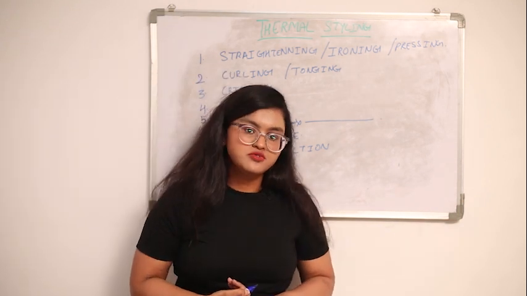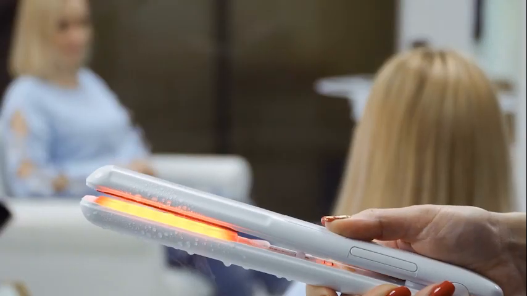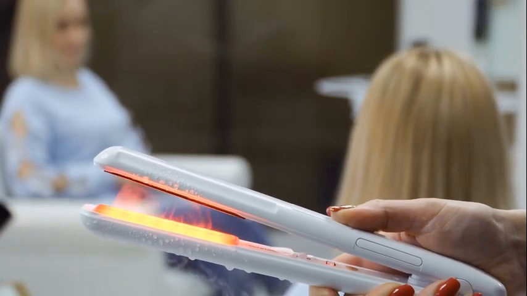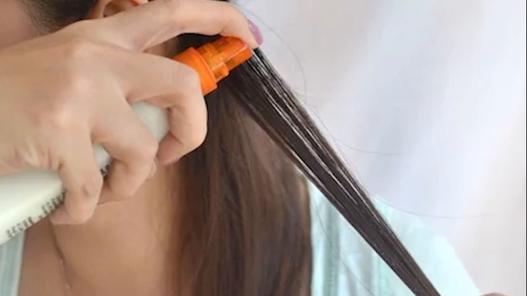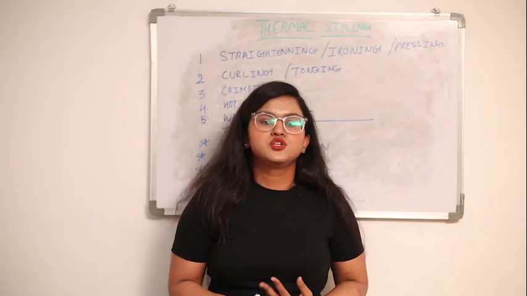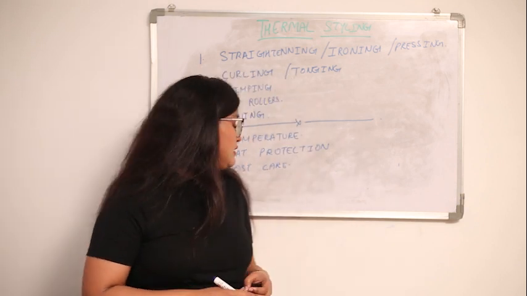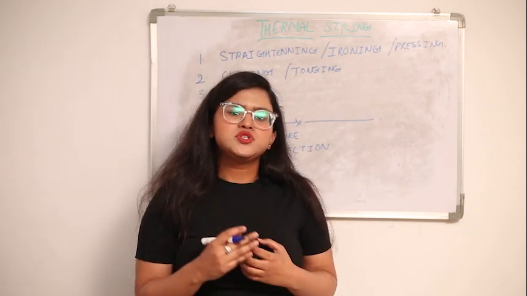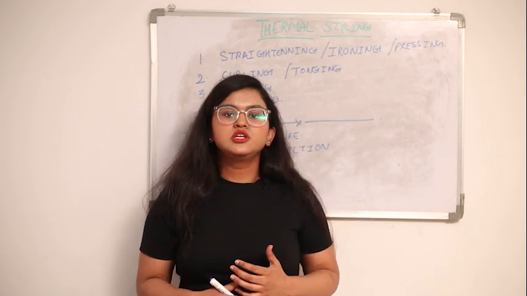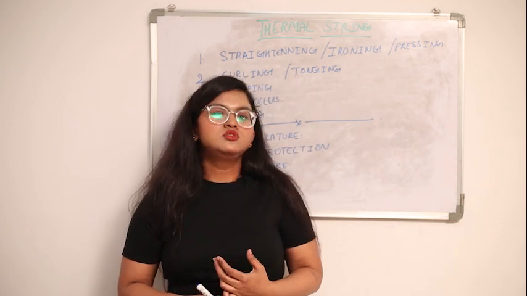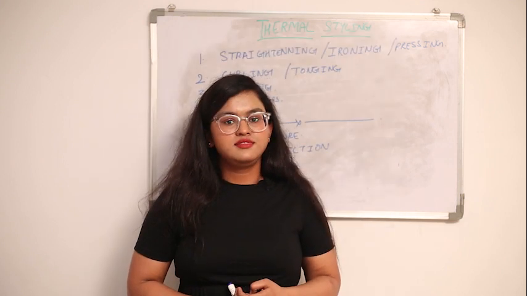When you're using any form of thermal styling machine, you should keep in mind the temperature of the machine. Next comes your heat protection. This is a heat form of hairstyling, so to protect your hair from damage, you should always use a heat protection. And last comes post care. After doing lots of damage and using so many styling products, you need to take proper post care after doing any hairstyles or for any events.